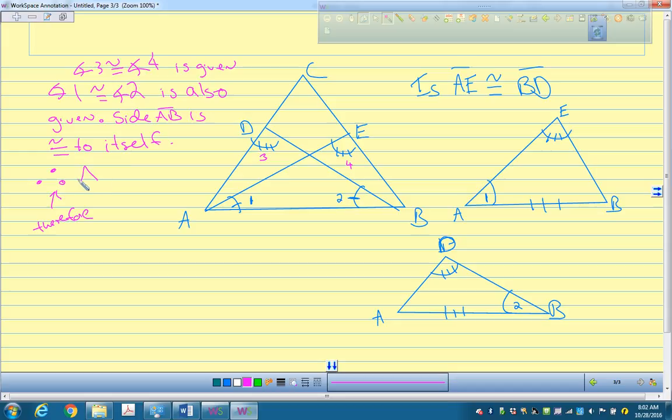Therefore, triangle ABE, Abe, hey, it's honest, okay? ABE is going to be congruent to, oh, Abe is honest and the other triangle is bad. Wow, ABE is congruent to BAD, okay? Because of ASA, no, AAS.